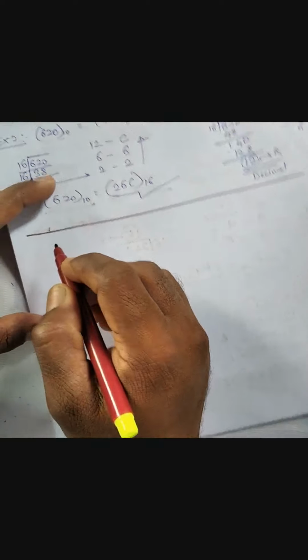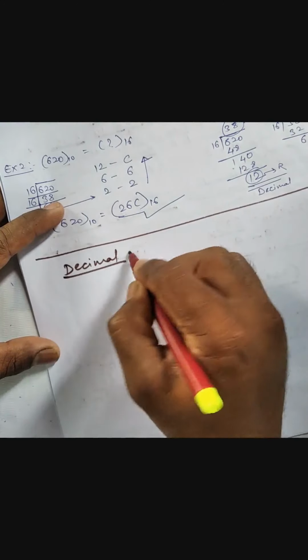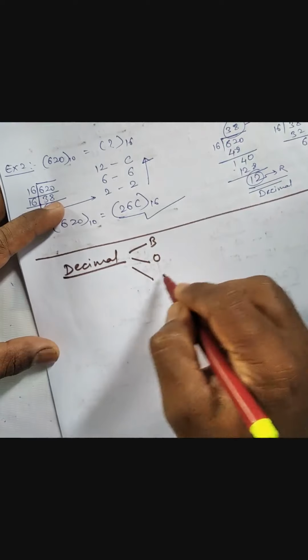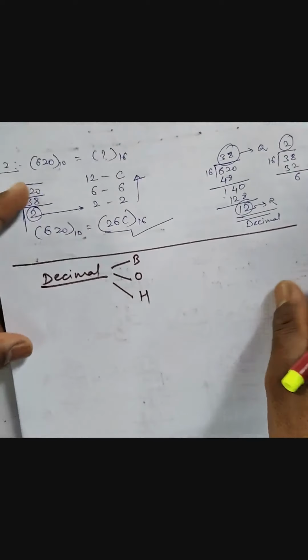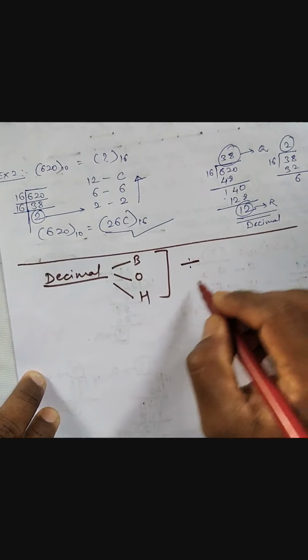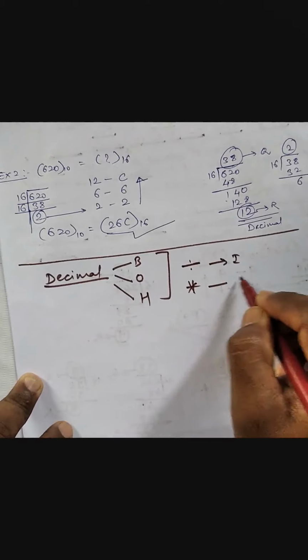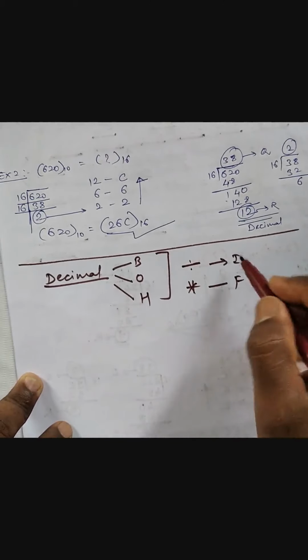Up till now we have seen 3 types of conversion. Out of 12, we have covered 3 types of conversion, considering first the decimal number to binary, octal and hexadecimal. The method is the same: you have to use continuous divide by for the integer part and continuous multiply by for the fraction part.